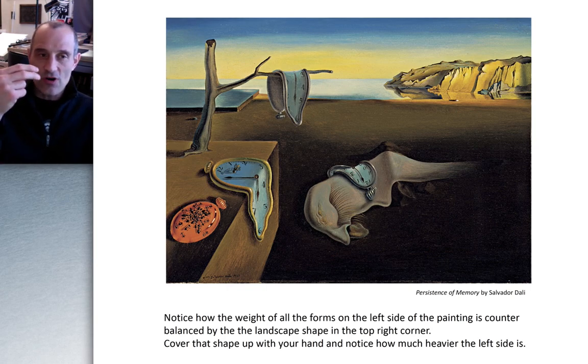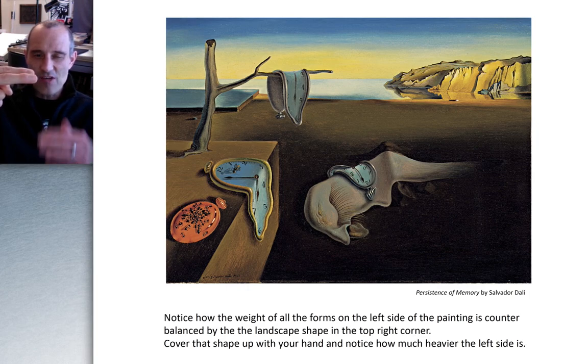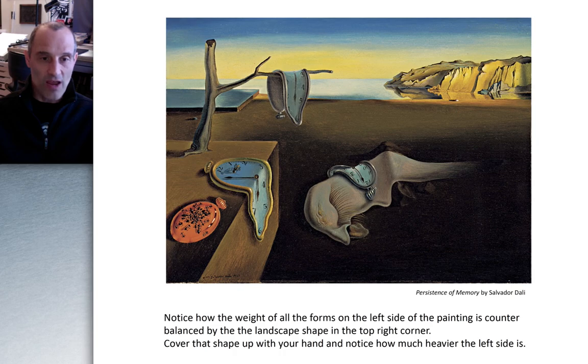If you take your hand and maybe use one or two fingers and you cover up the landscape shape on the top right, closing one eye, and kind of imagine that the sky, the land, the water just continue out there, you notice how that image now feels much heavier on the left without the counterbalance of that shape on the right. Right?